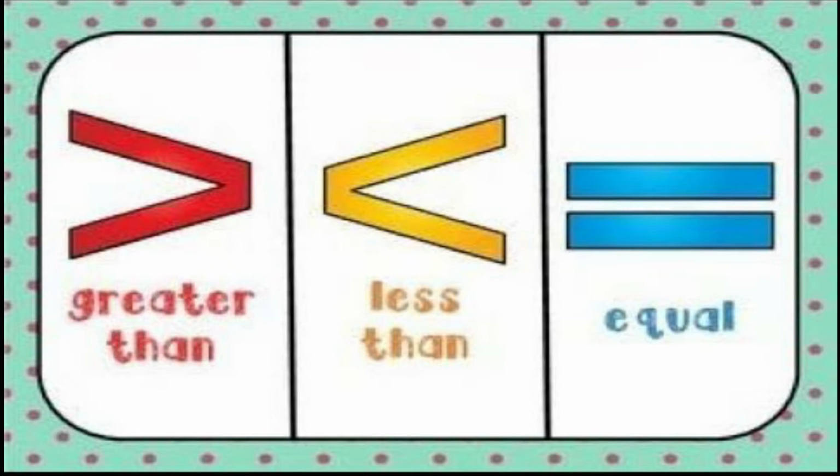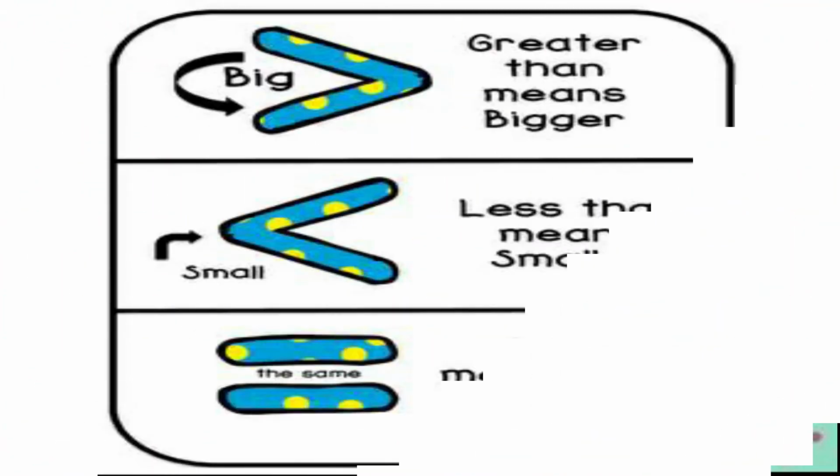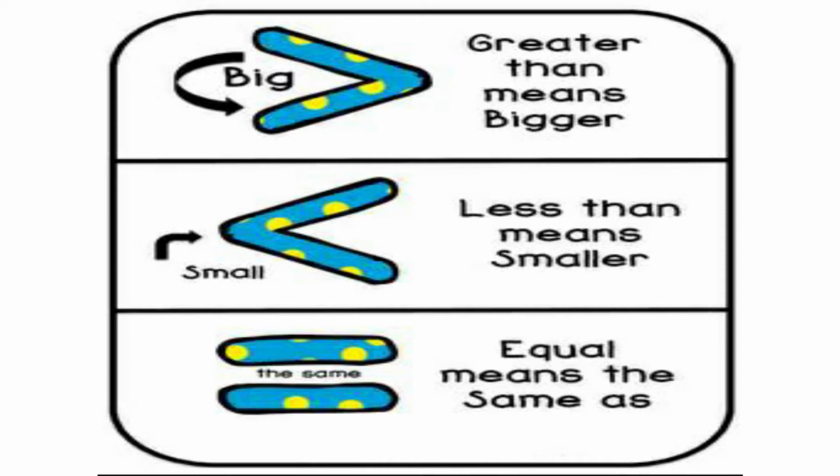The open side of the symbol shows the greater number and the closed side of the sign shows the lesser number. Understood, children? Open side of the sign shows the greater number and closed side of the sign shows the lesser number.